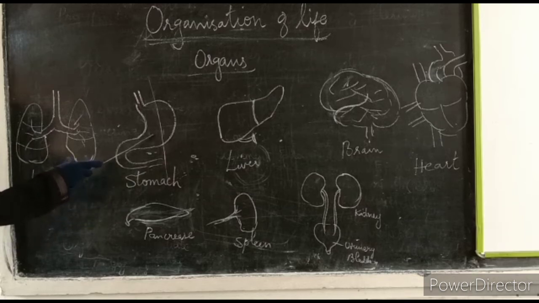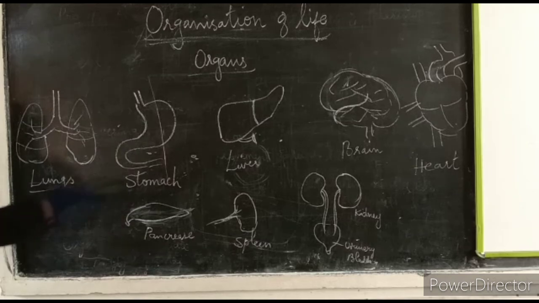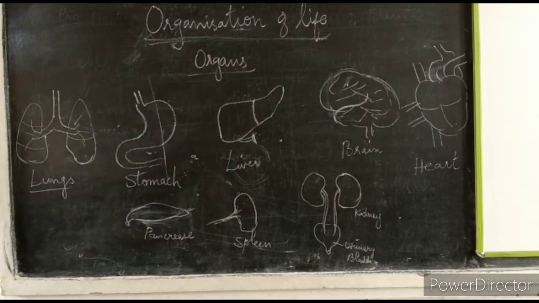Here the stomach produces gastric juices known as hydrochloric acid. Spleen is present on this side. And then the liver on this right side. Together they produce one system known as the digestive system.